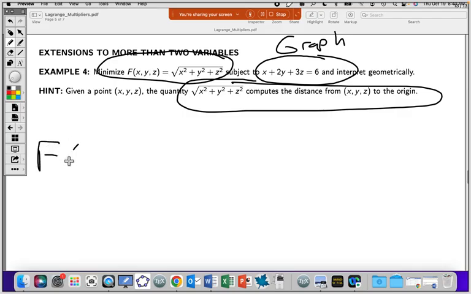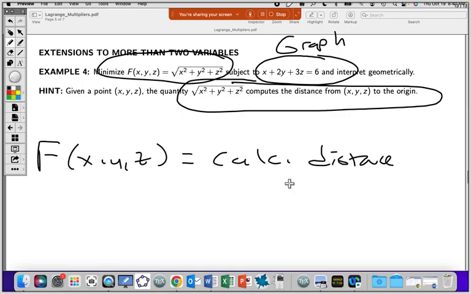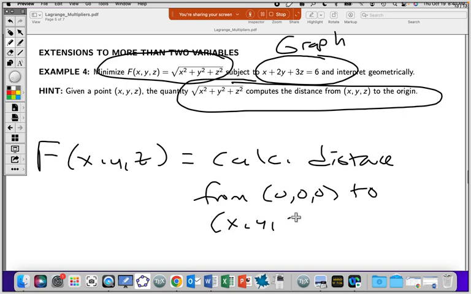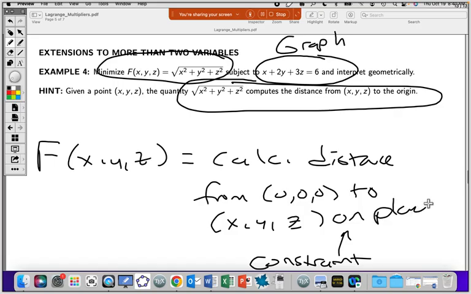What our f is doing is calculating the distance from the origin to a point x, y, z, and because of the constraint, that point's on the plane x plus 2y plus 3z is 6.